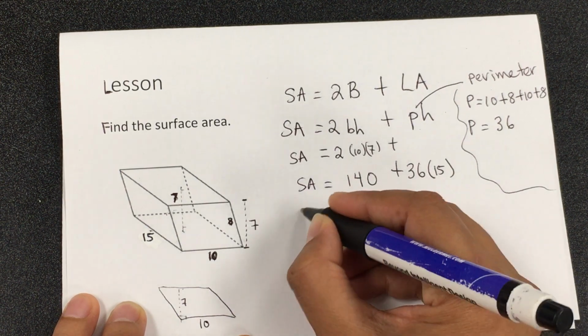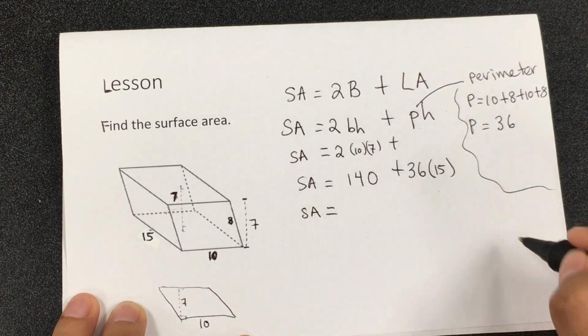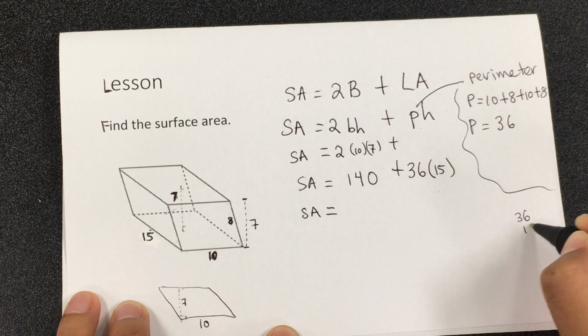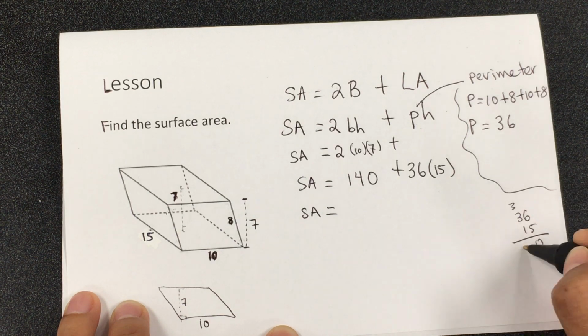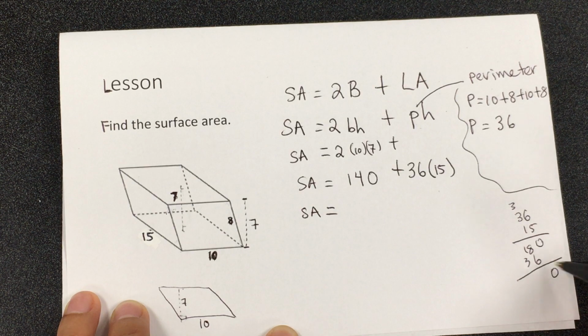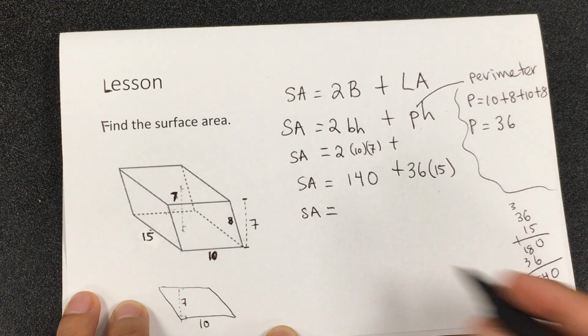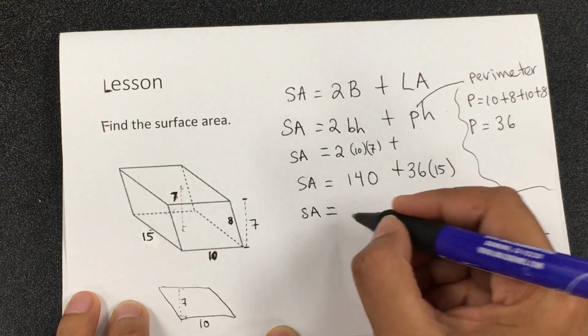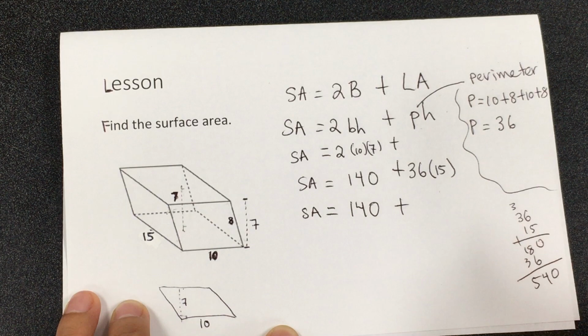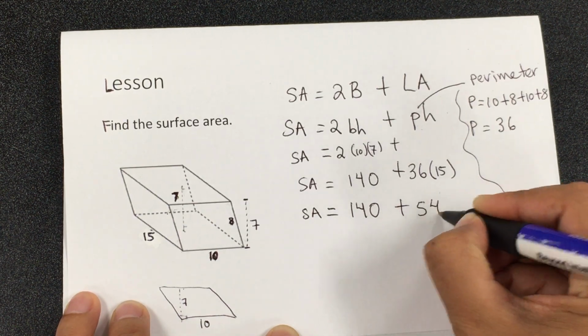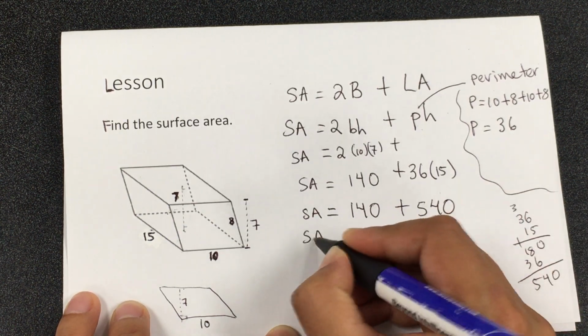I multiply that, and so 36 times 15, 30 carry 3, 15, 18, 6, 3, 0, 4 carry 1, and 5. So it's 540. So 140 for the 2 bases together and 540 for the lateral area.